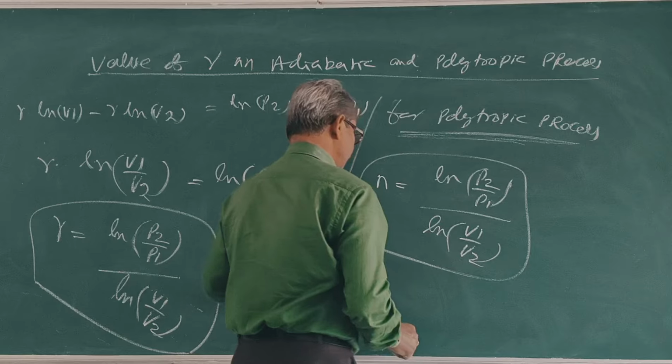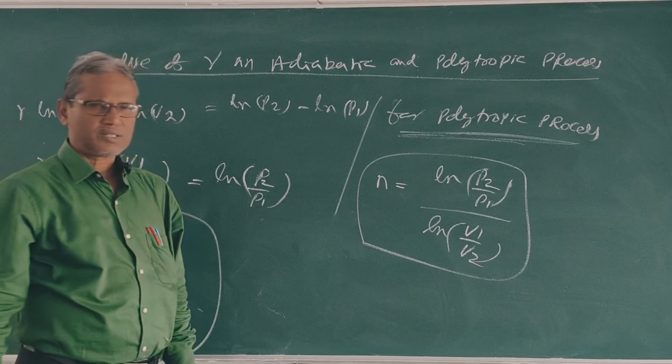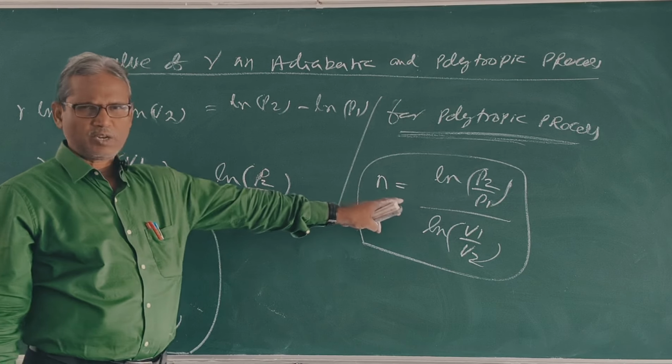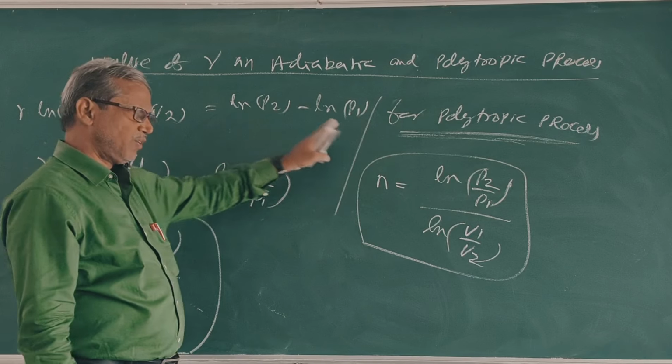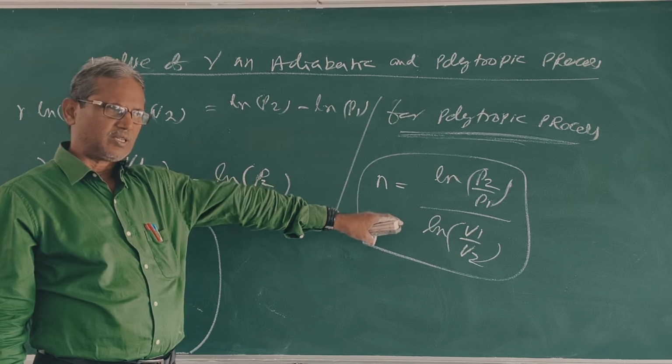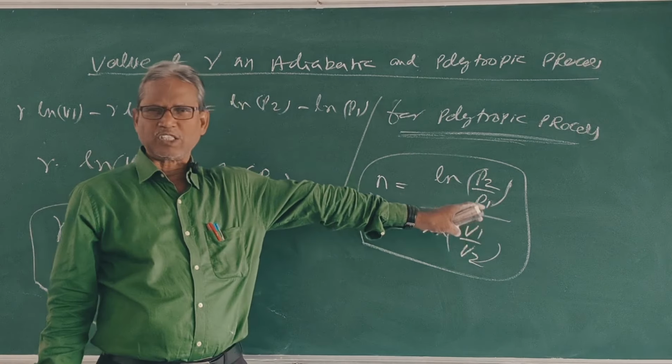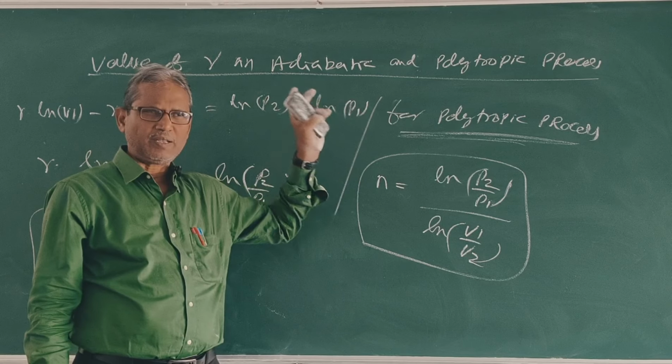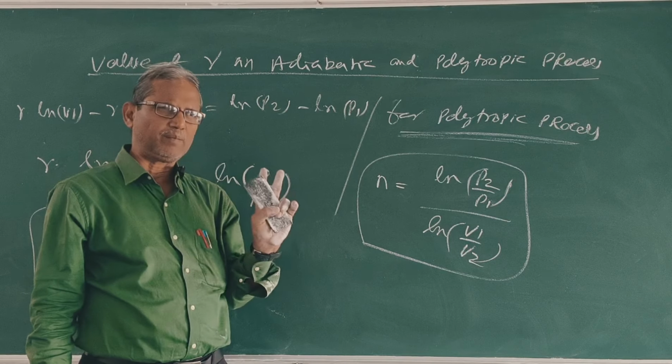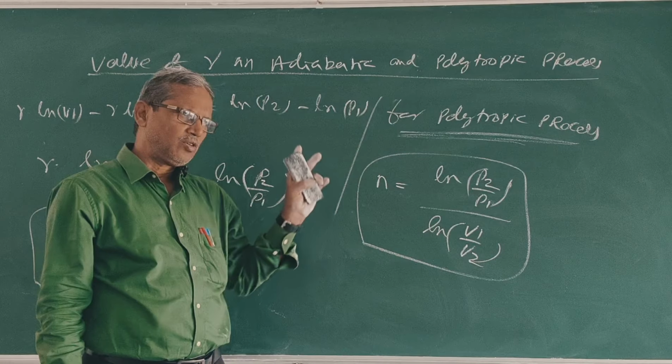Clear? This is the value of gamma and the value of n for adiabatic and polytropic process. Now I have derived the expressions for the relation between P, V, T, pressure, volume, temperature for adiabatic and polytropic process.